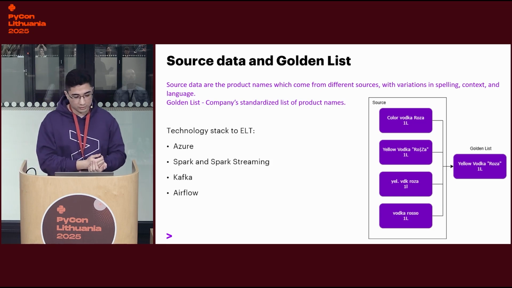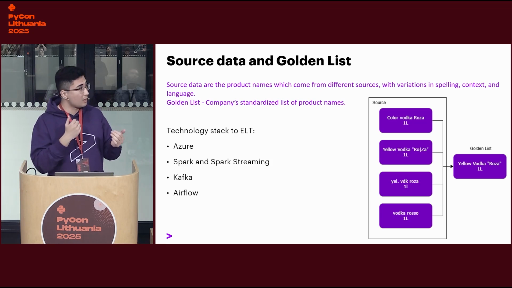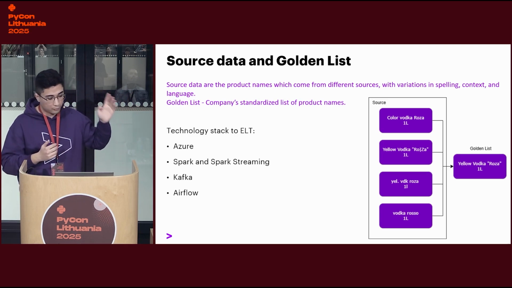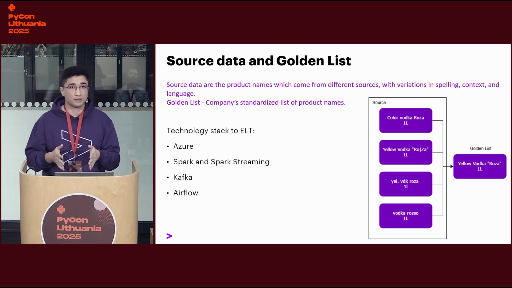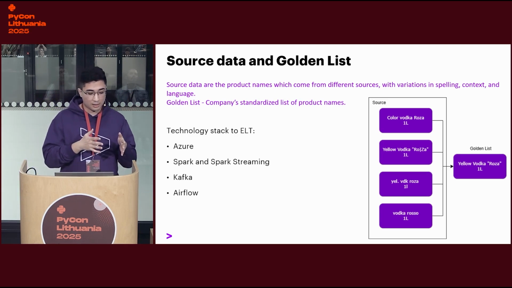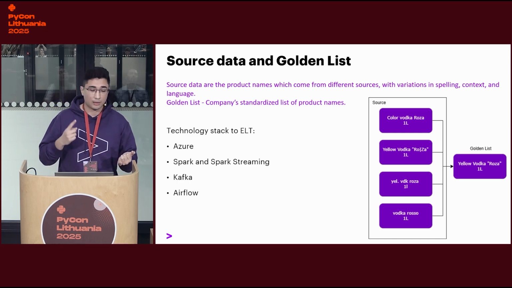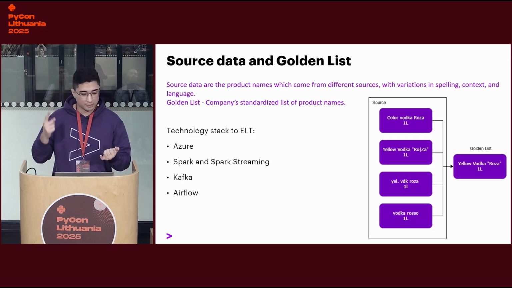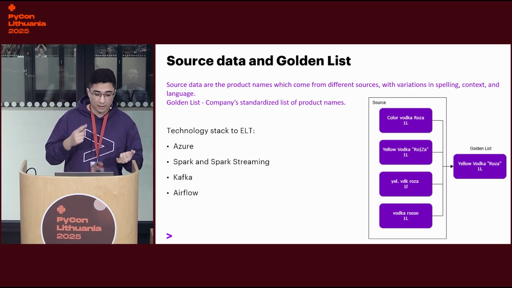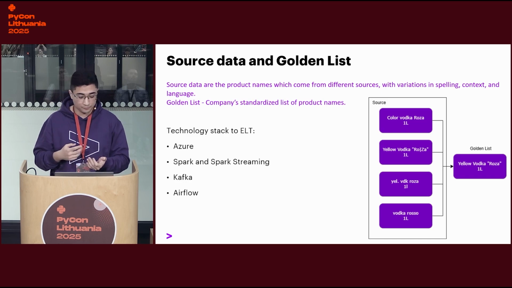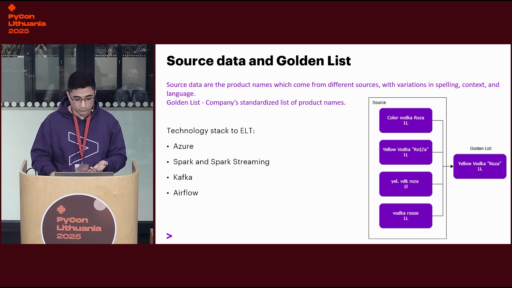Just quickly about the source data and the technologies that we used. So source, again, there are 4 names referencing one standardized name in the golden list. The technology, the warehouse was Azure, for ETL, ELT, etc. Also for streaming, we use Spark. For the stream, we use Kafka, and for orchestration of everything we use Airflow.